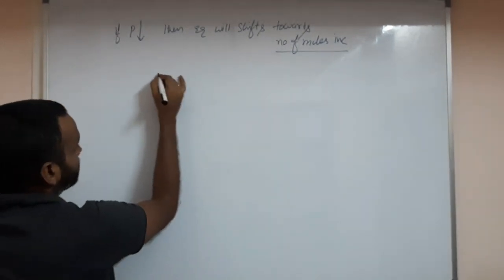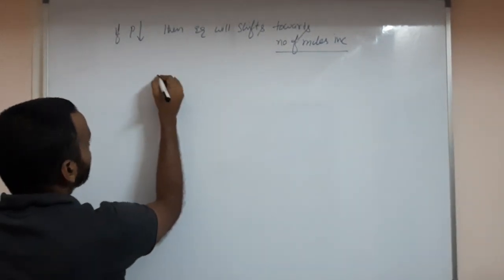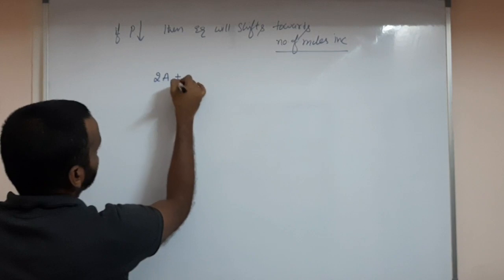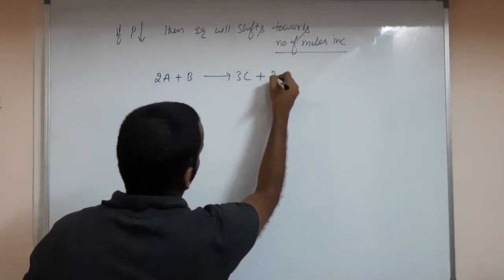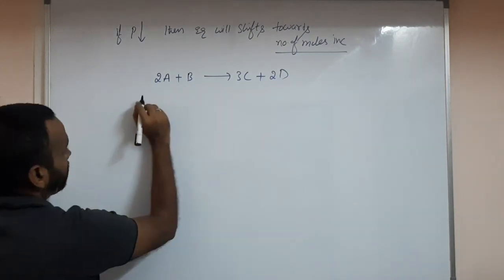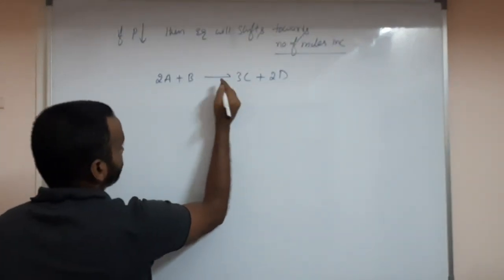I'll give you one example: 2A plus B gives rise to 3C plus 2D. This is the forward reaction.